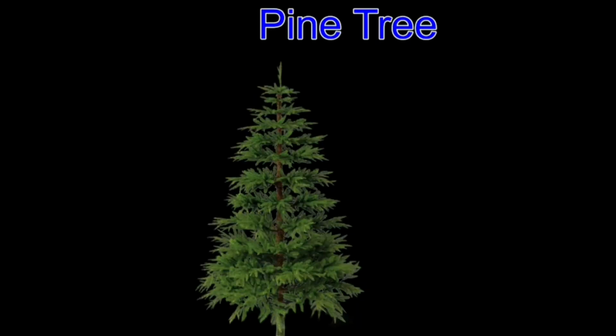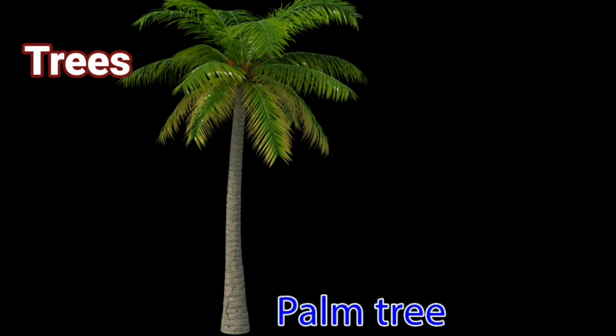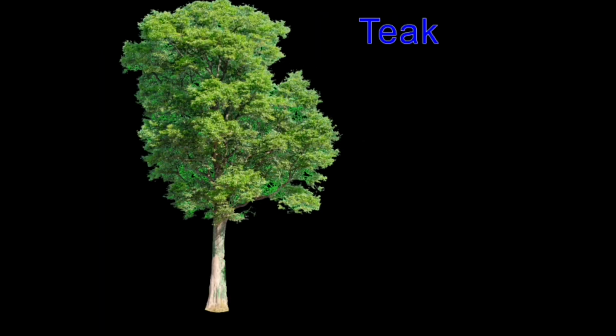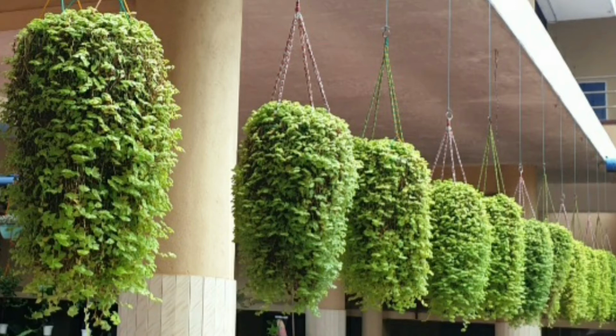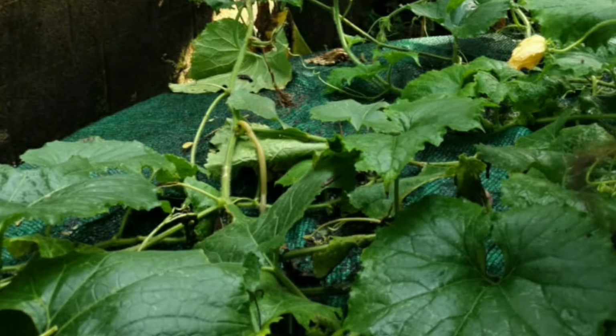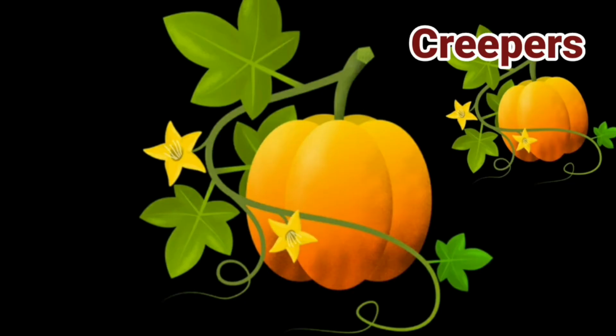Some plants are very tall and have hard and thick brown stem. The stems have branches in the upper part, much above the ground. Such plants are called trees. For example, teak tree, apple tree, mango tree, etc. Plants with weak stems that cannot stand upright and spread on the ground are called creepers.